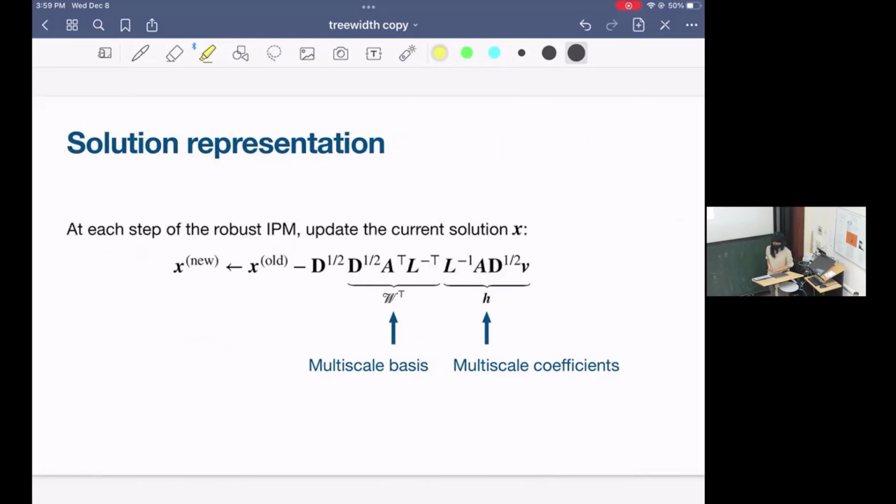At every iteration, we can always compute the h exactly, but if you want to work with this multi-scale basis, you cannot actually make this computation because this L inverse transpose is a very costly thing to work with. You should just think of this as some linear combination of the columns of this W transpose, like taking a combination of your basis vectors.